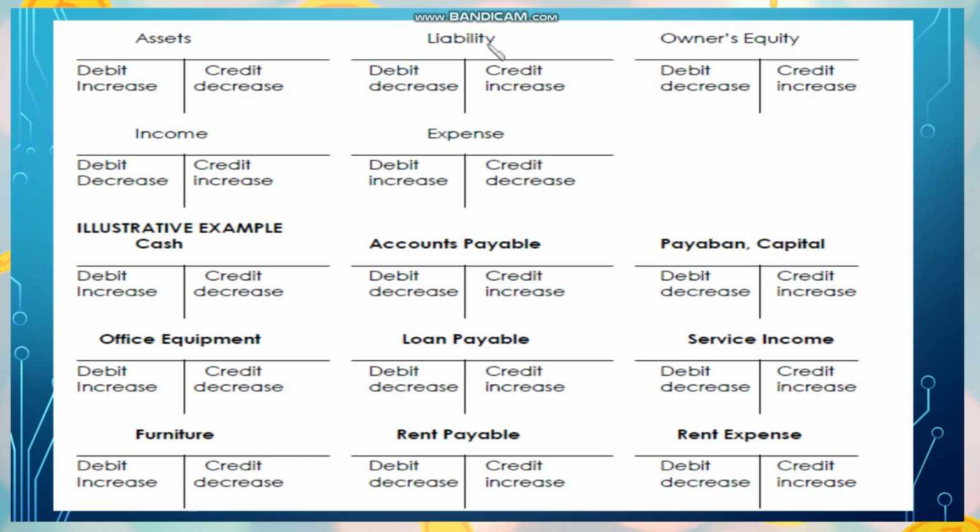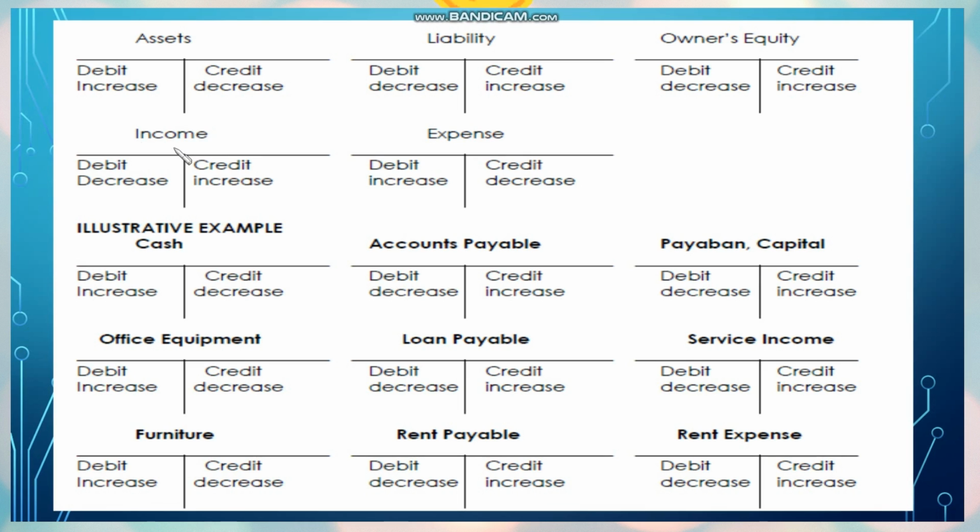If it is a liability, if there's a decrease in liability, we put it on debit, and if there's an increase in the liability, it's on the credit side. For owner's equity accounts, if the effect is a decrease in owner's equity, we put it on the debit side, and if there's an increase in the owner's equity, we put it on the credit side.